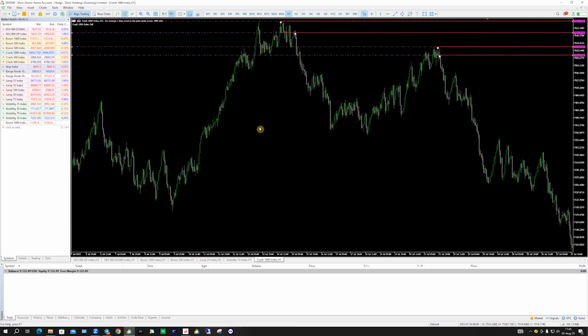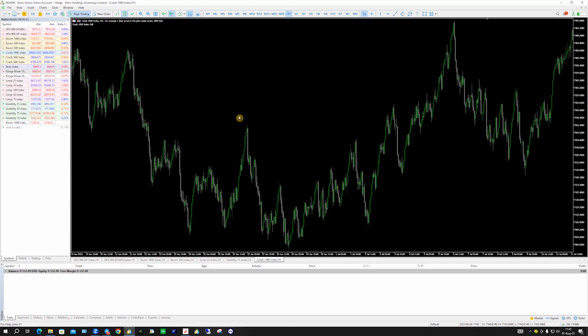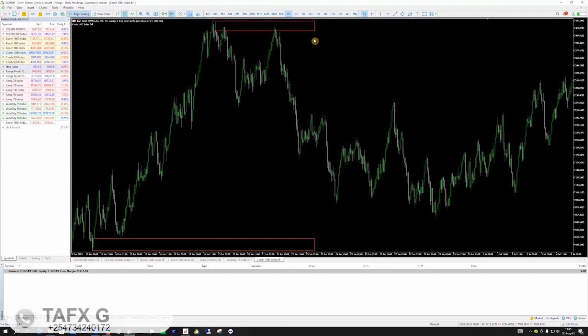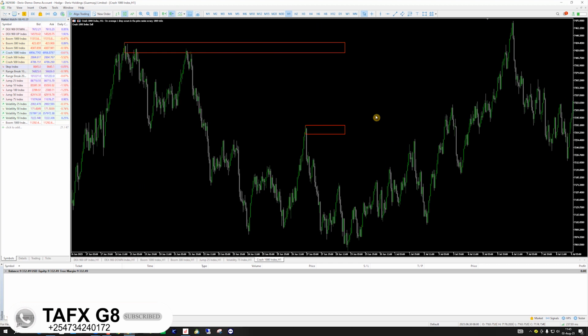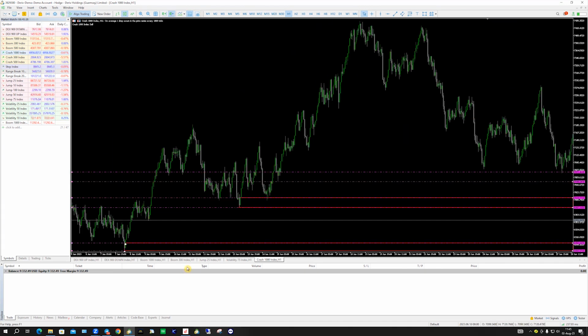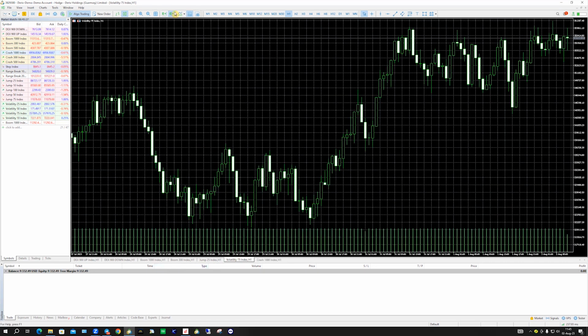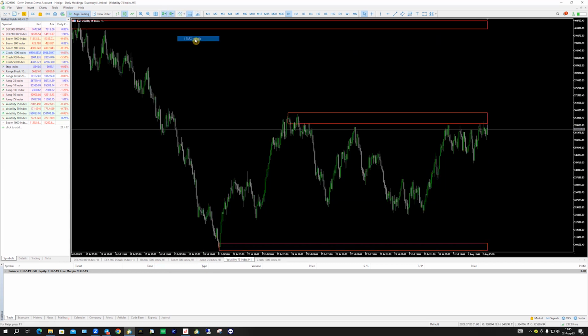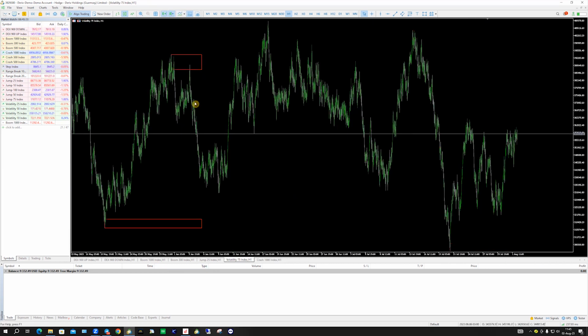And this is what we now call higher high and higher low, or lower low and lower high, right? Because let us say, for example, I just want to make sure that we get them correctly, my friend. I just want to get them correctly about higher low.